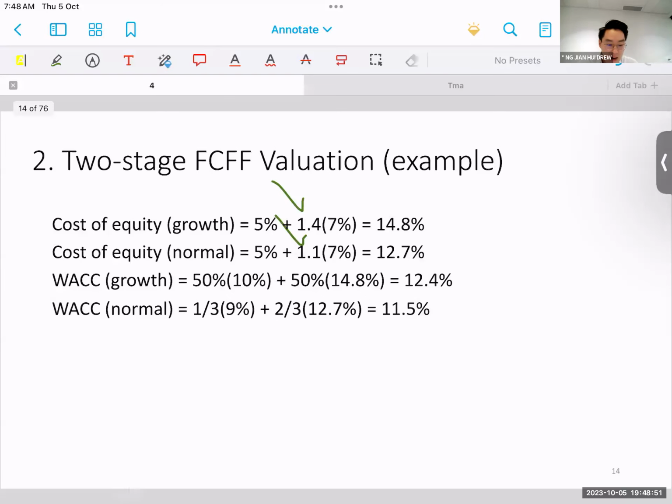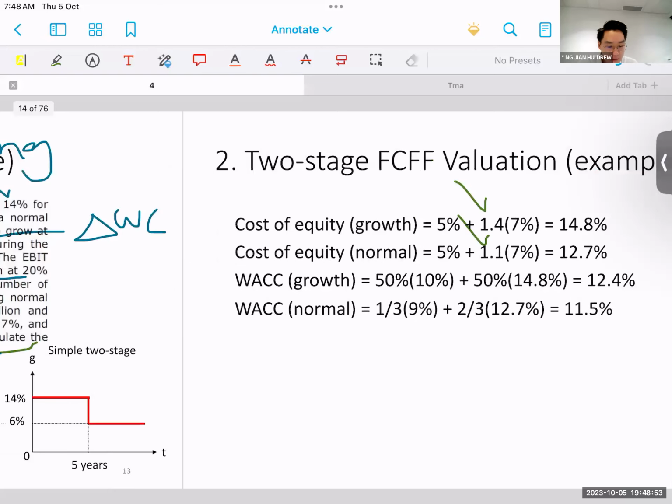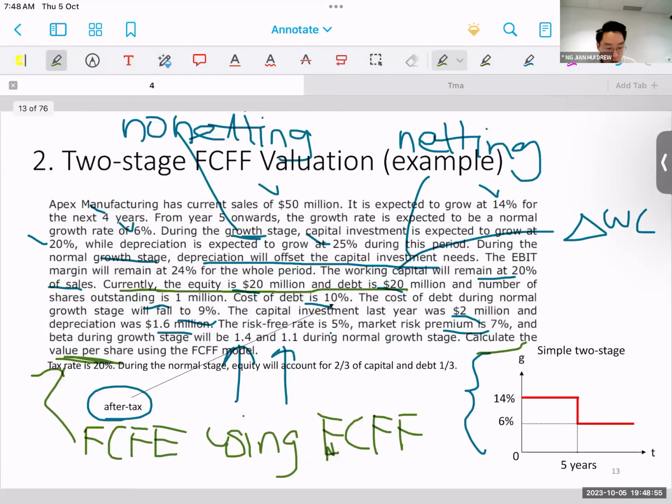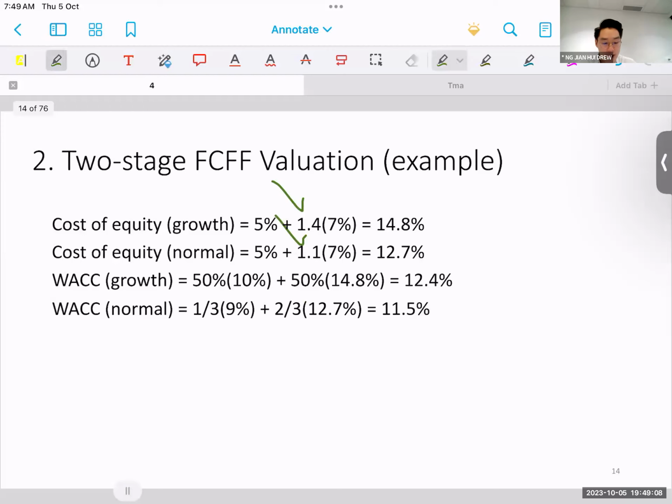Okay. And we also have a last little small component here that they tell you, the tax rate, and they also say the normal stage equity accounts for 2/3, debt accounts for 1/3, which is where we got the change in capital structure here. Okay, so we calculated all these figures.